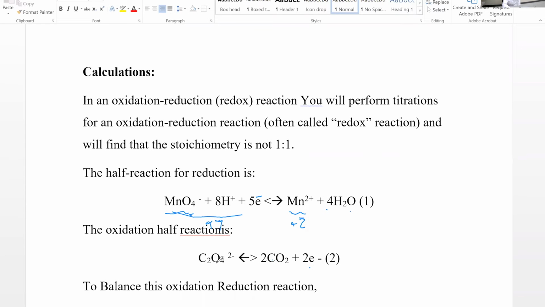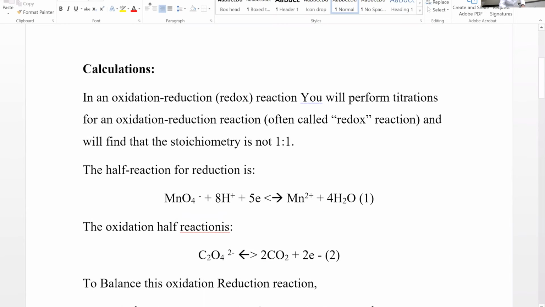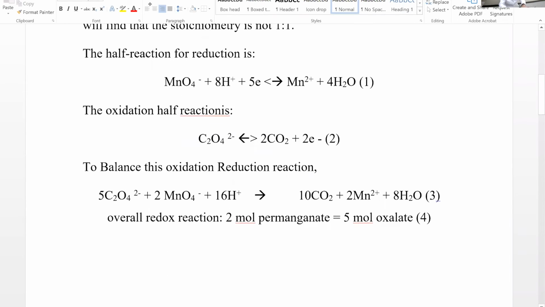When you add 2 CO2, oxygen and carbon are balanced. We have to balance then the charges, and you have 2 negative charge, so on the product side you have to add 2 electrons to balance the oxidation half. When both oxidation half and reduction half are balanced separately, then you are going to add them together.